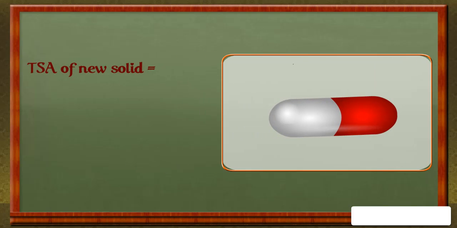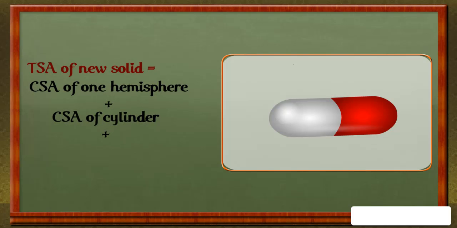This gives TSA of new solid is equal to CSA of one hemisphere plus CSA of cylinder plus CSA of the other hemisphere, where TSA, CSA stand for total surface area and curved surface area respectively.